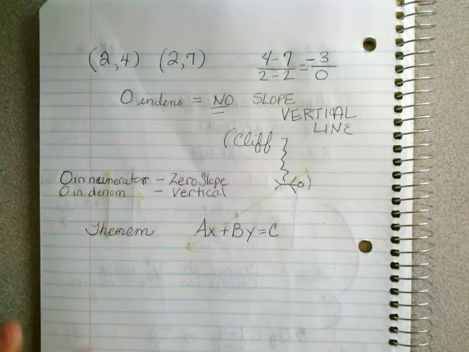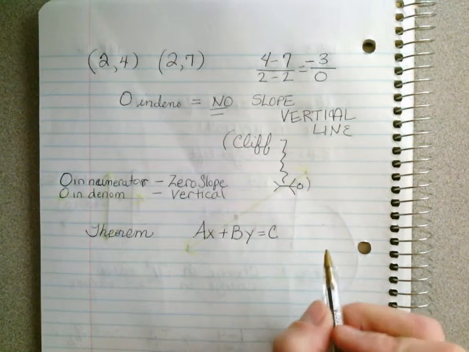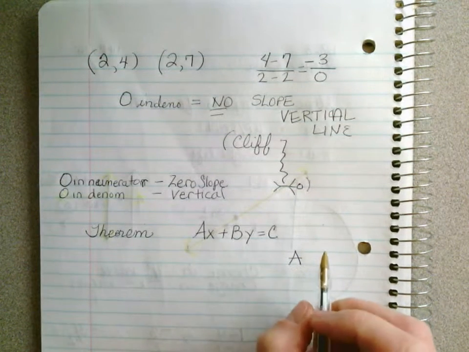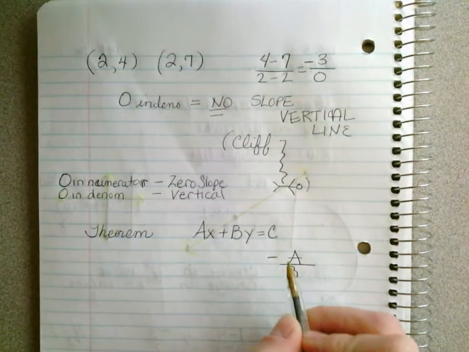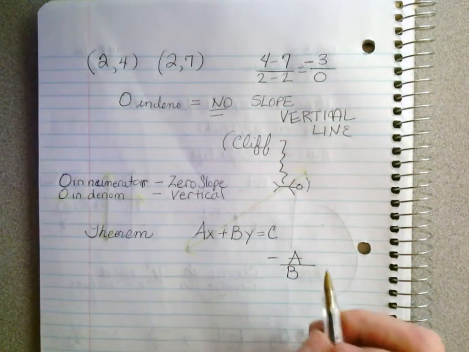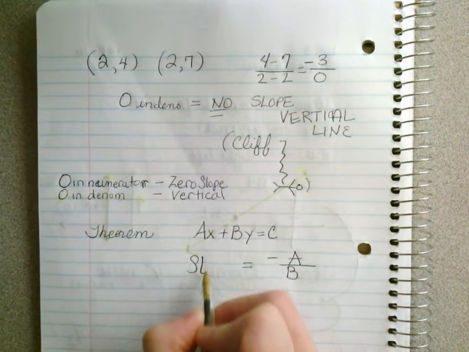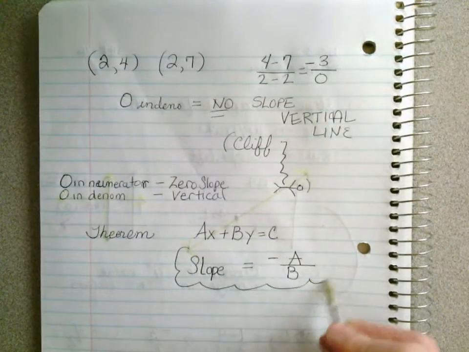Well, if I take this and I take a divided by b's opposite, a divided by b's opposite is always going to equal the slope of the line it represents.